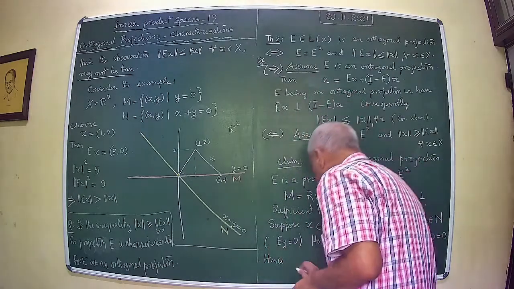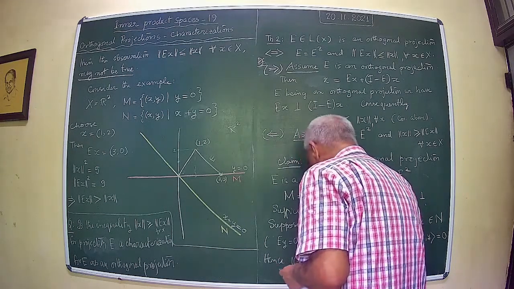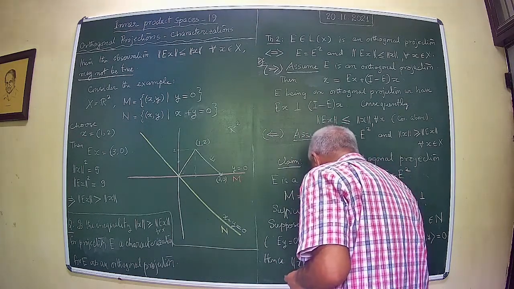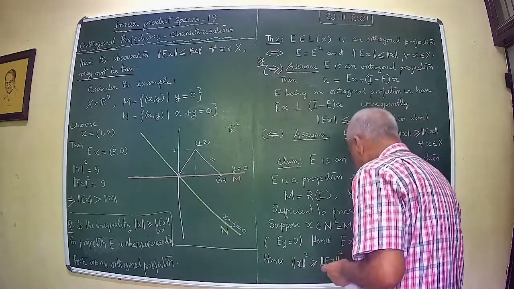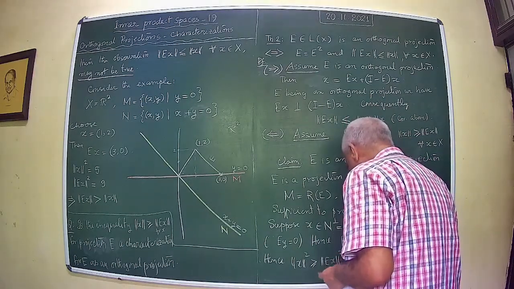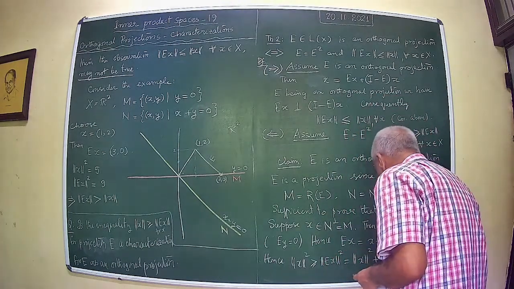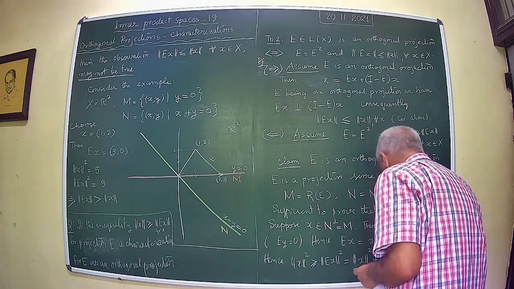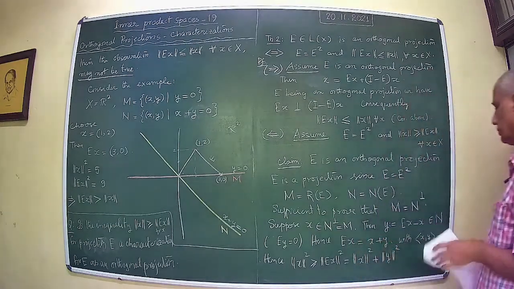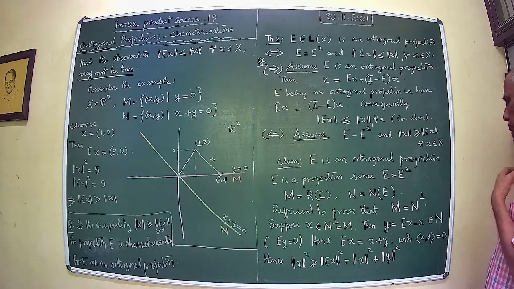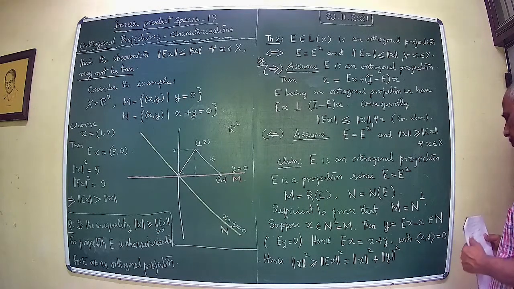Hence, you have norm of x square, it is given that this is greater than or equal to norm of Ex square, which is equal to norm of x square plus norm of y square.